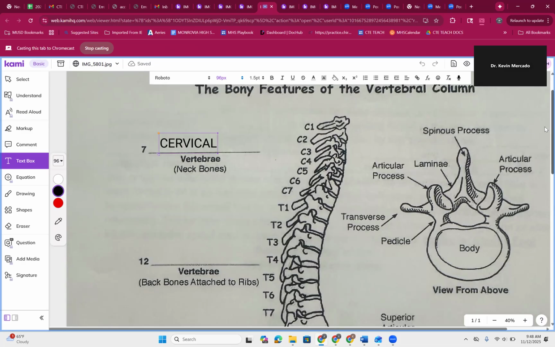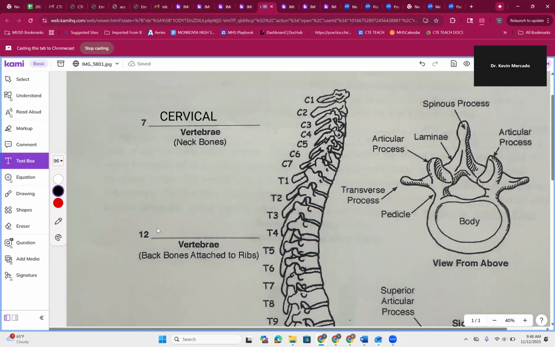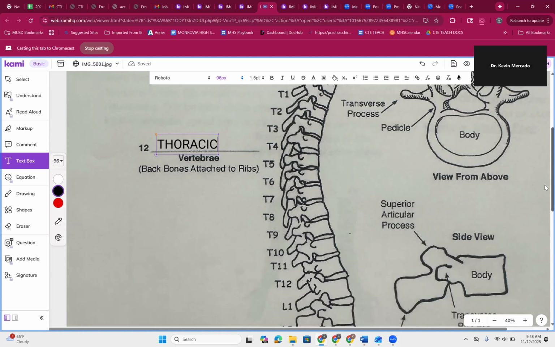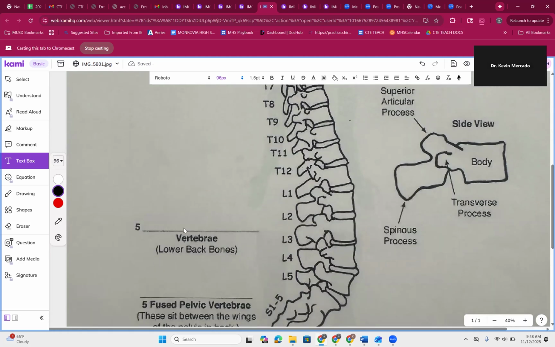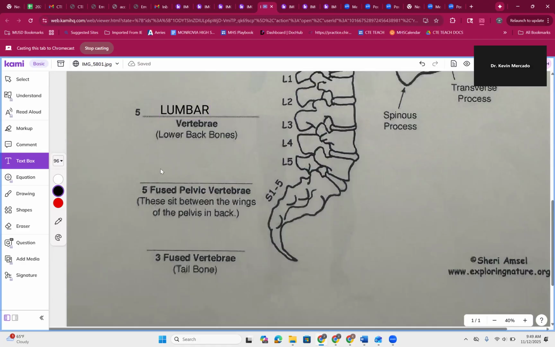So you have your cervical, then you have the 12 bones in the middle, thoracic, and then you have your 5 bones on the bottom, lumbar. And then your 5 fused pelvic bones.